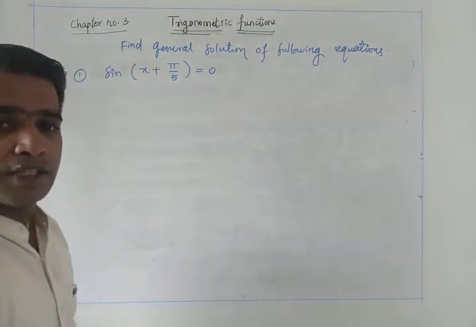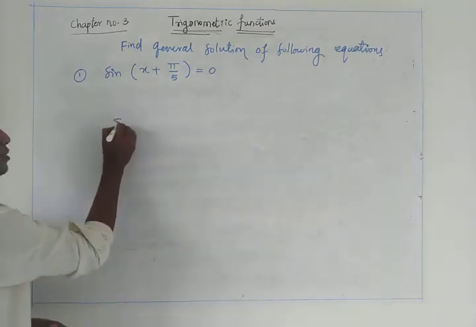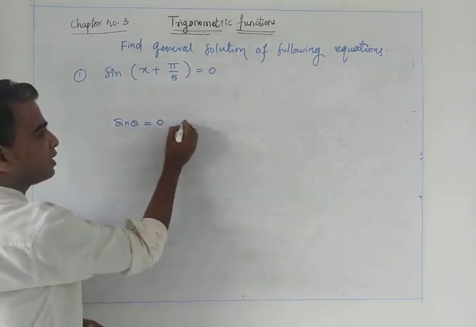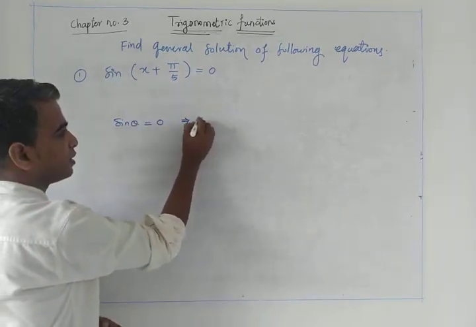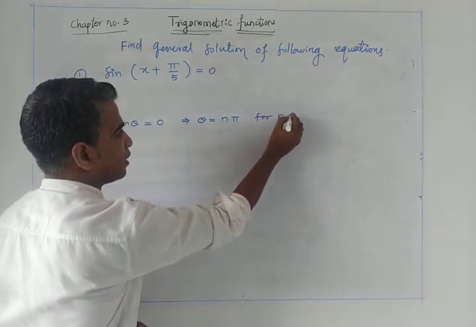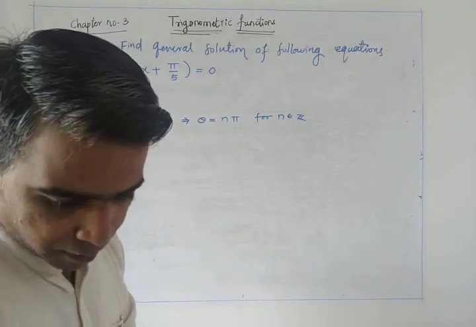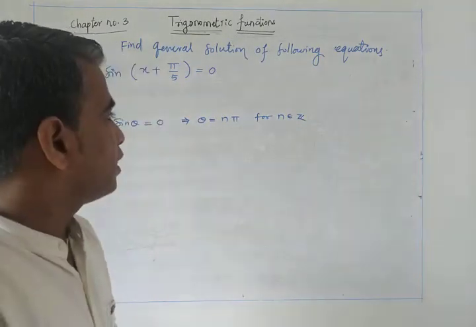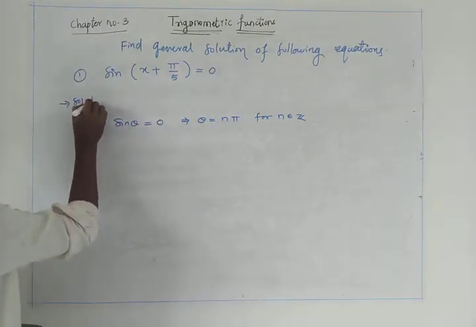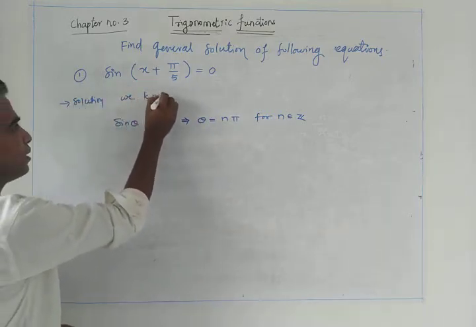So now sin theta is equal to 0. We are going to use the formula: if sin theta is equal to 0, we know that theta is equal to n pi for n belonging to Z. So now start with the solution.